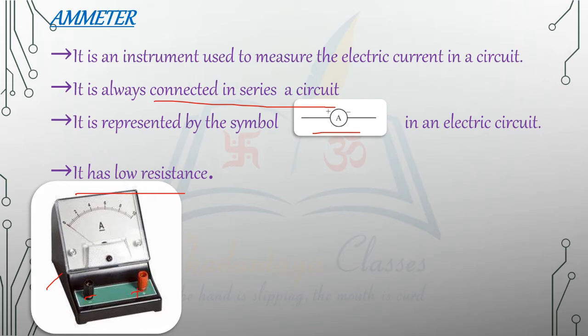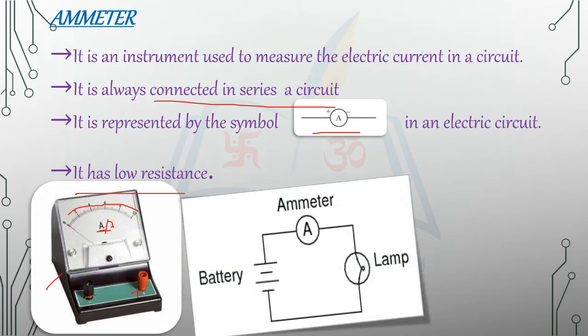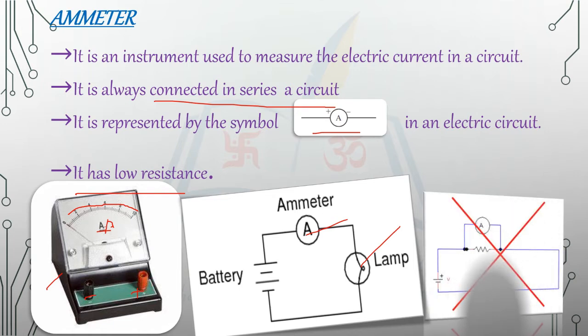This is the ammeter which is denoted here by A. These are some readings, 0 to 10, I think. See here, this is battery and this is lamp, and the ammeter is connected in series. If it is connected in this way, the answer is wrong. It's not a proper connection of the ammeter.